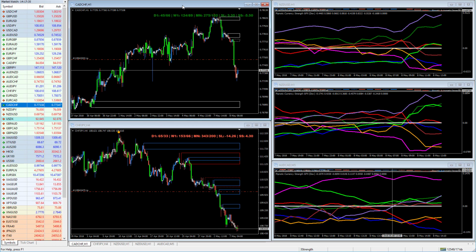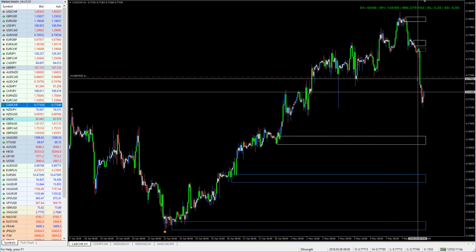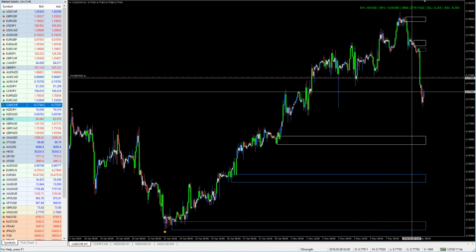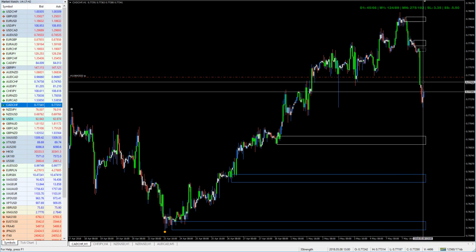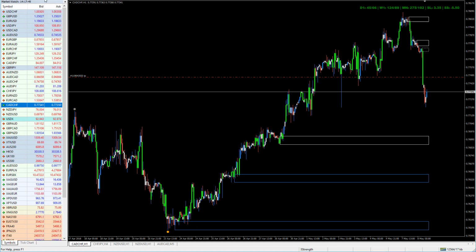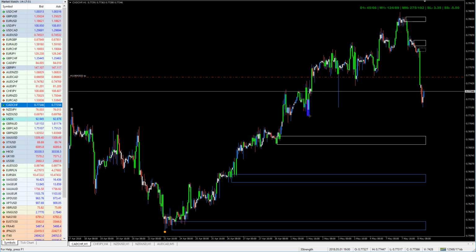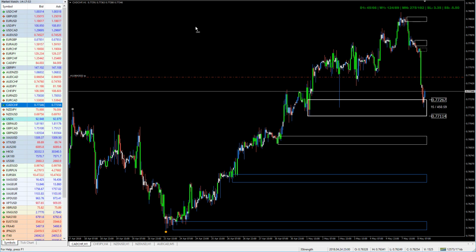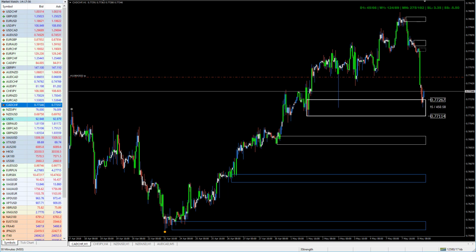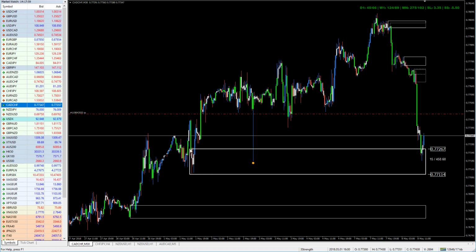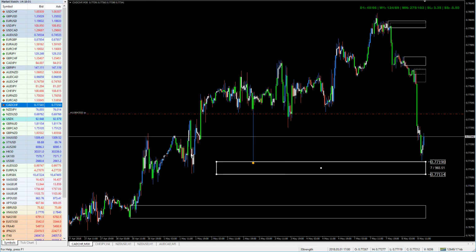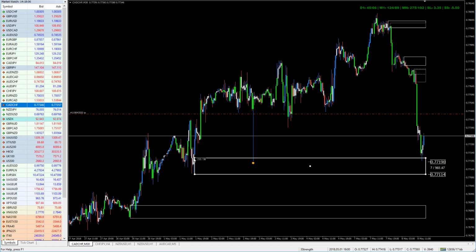So now we're starting to make higher lows here, and you can see last time price came down to this area of demand, it left very quickly. We need to go a little bit deeper. There's a big rejection there, and then we have accumulation, accumulation, accumulation. Price left. So we'll take the lowest one.